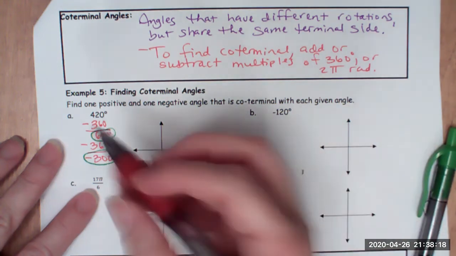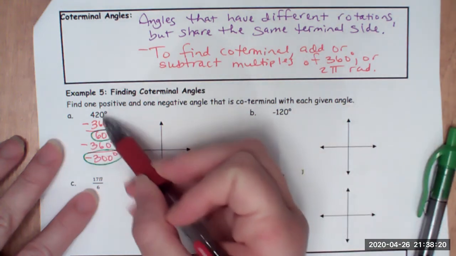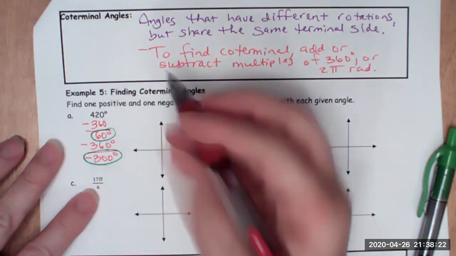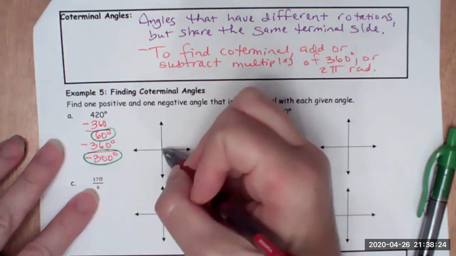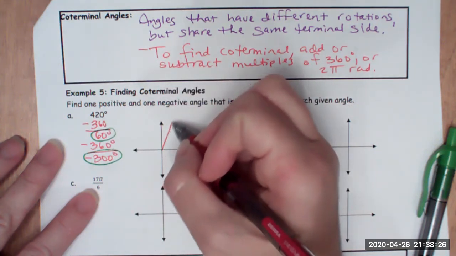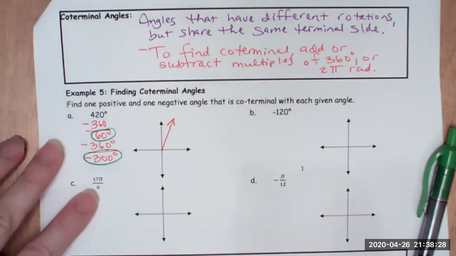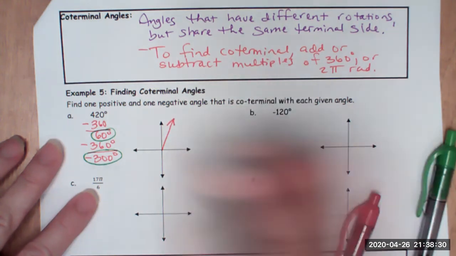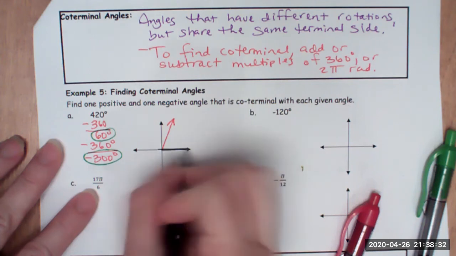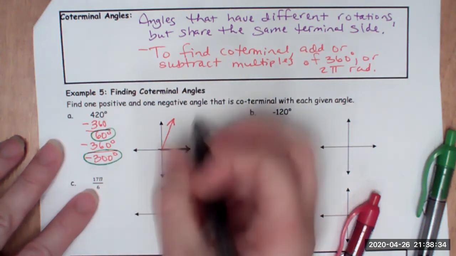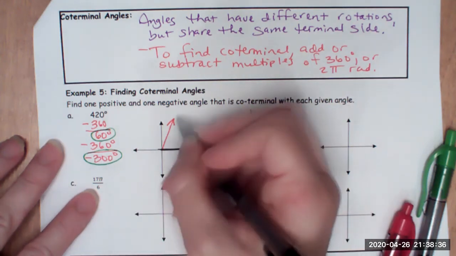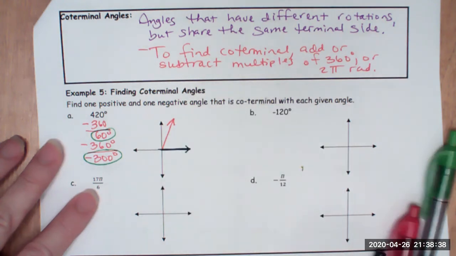Now, because I know that 420 is coterminal with 60, I could technically just draw a 60 degree angle. The reason I drew it there, of course, is because we know that the initial side of the angle is on the x-axis, and here's the terminal side of the angle. Now, how do I get 420 around that?